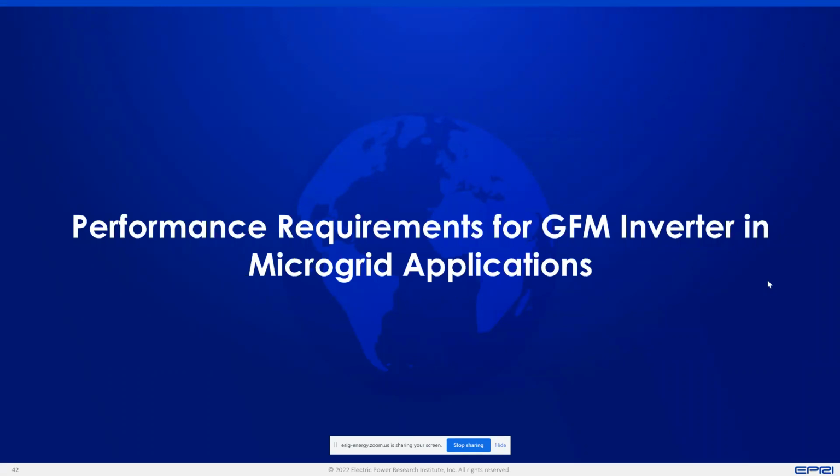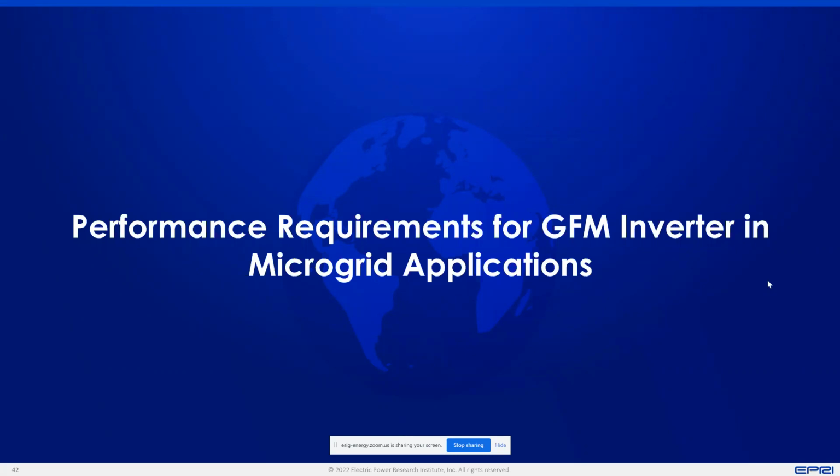And yeah, for the next part, I'll talk about the performance requirements for grid forming inverters for microgrid applications. Now, all that we have shown up to now basically shows that we have the potential to define performance requirements for grid forming inverters.